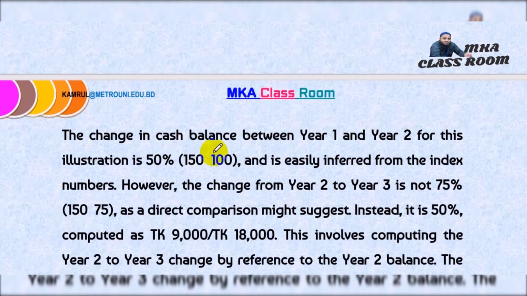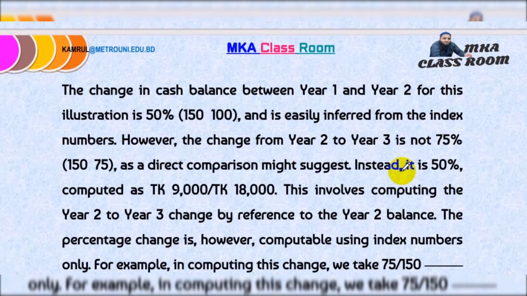The change in cash balance between year 1 and 2 for the illustration is 50%, and is easily inferred from the index number.